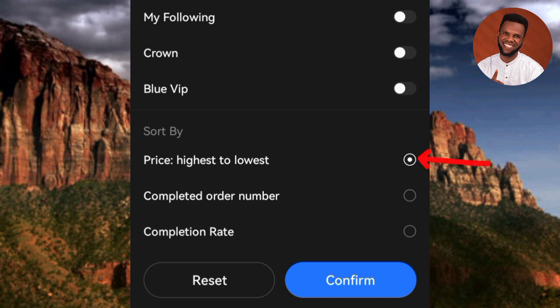I want those that I can actually make more money from. So some buyers have different prices. Some can buy 1 USDT for 1,006, some for 1,500, but I want those that offer a higher price to be at the top. That's why you can see I selected price highest to lowest as my sort by. So now let me go ahead and tap on confirm.